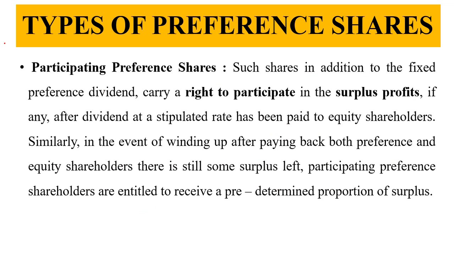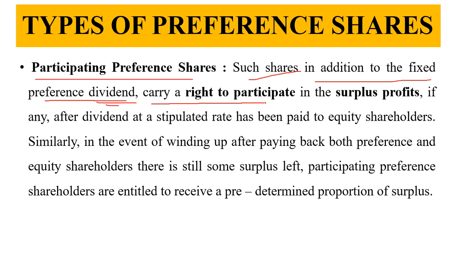Now the next type of preference shares is participating preference shares. What are participating preference shares? Such shares, in addition to the fixed preference dividend, carry a right to participate.